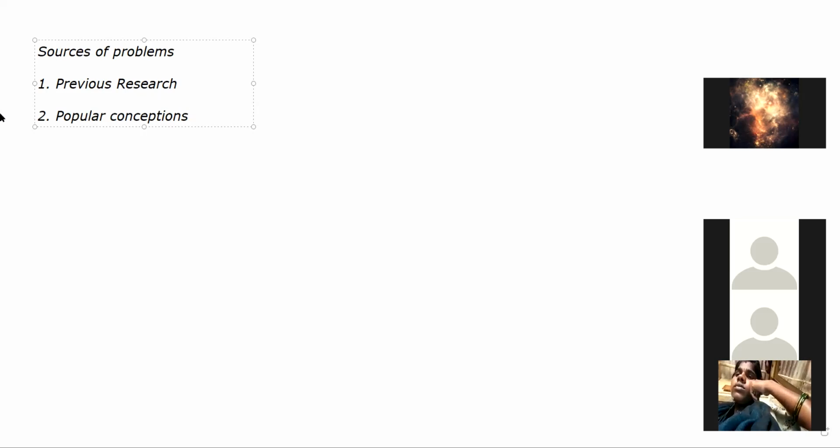This study might have happened 50, 60 years ago, or maybe even earlier. But essentially, someone wanted to see whether or not popular conceptions are legitimate. That can act as an area where you can extract a research problem from, to answer the effectiveness of any popular conception.